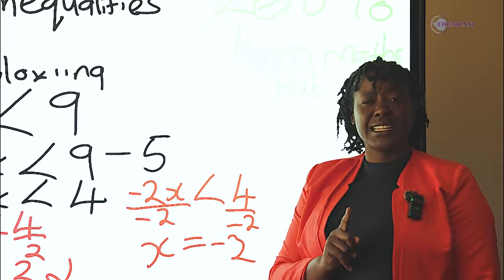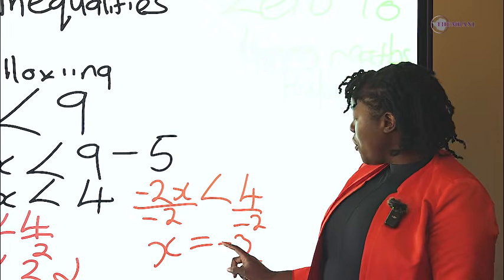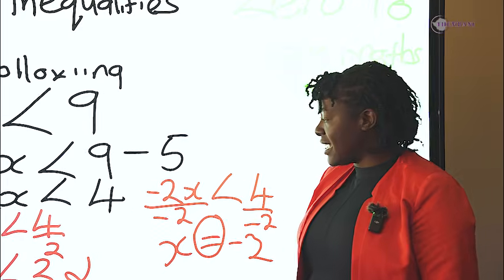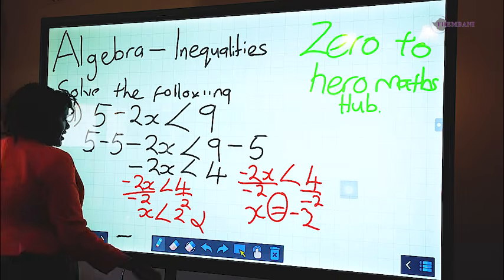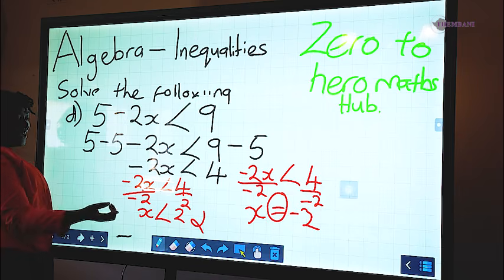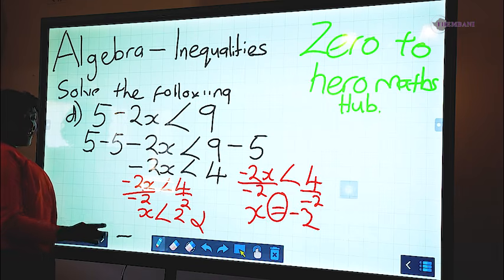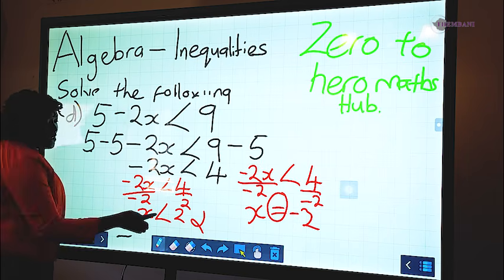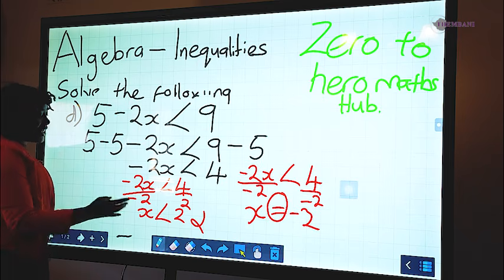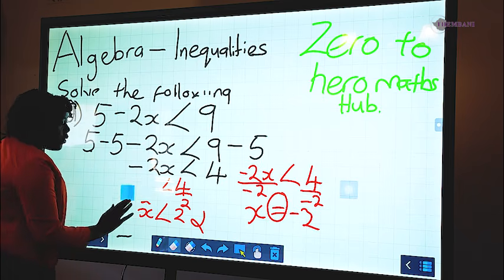But remember, we are dealing with inequalities, so we are not using this equal sign. Here, the error which was made is we divide by a negative, but the negative was only divided on one side. The other side was not divided by a negative, but was just divided by 2. And the inequality sign did not change. So these are errors that some of us would make.